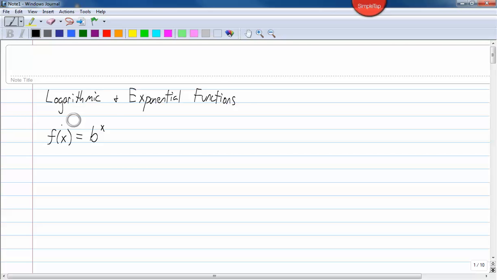A logarithmic function is usually written like this: f of x equals log base b of x. Now for both of these, the logarithmic or the exponential function, you can write y equals b to the x, or y equals log base b of x.